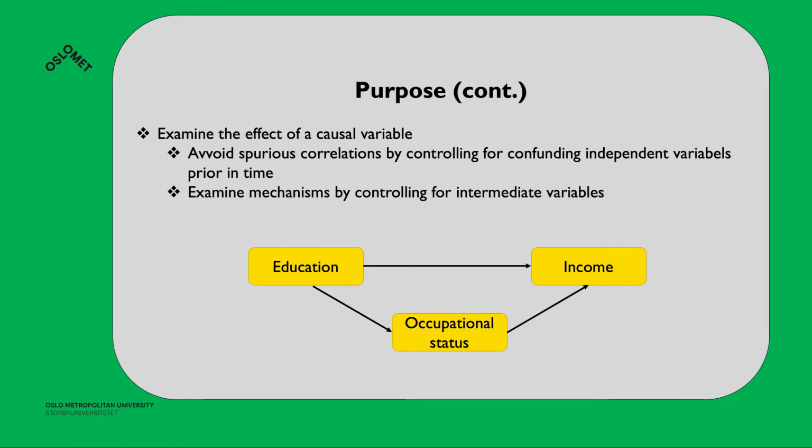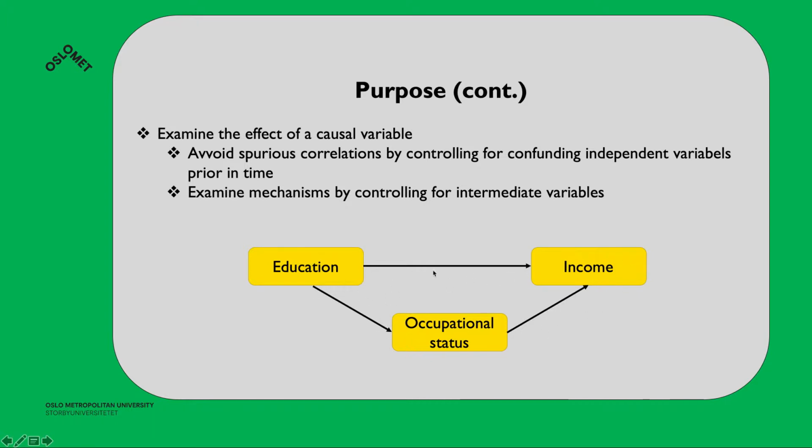And furthermore, if we are going to look at the effect of education on income, it might be that we overestimate the direct effect of education on income, because it partially goes through occupational status. So part of the effect of education goes through this mechanism, from education through occupational status on income.